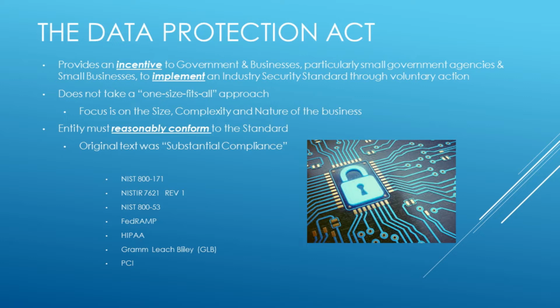Now, some examples of industry standards that we want the business to conform to are the NIST 800-171 standards, the HIPAA standards, Gramm-Leach-Bliley, GLBA, or PCI. So which standard are we talking about? I know they sound pretty complicated.